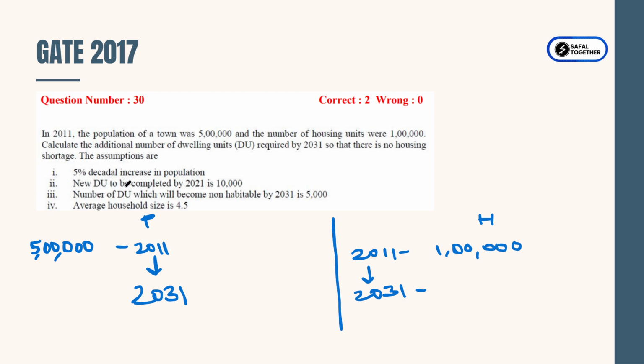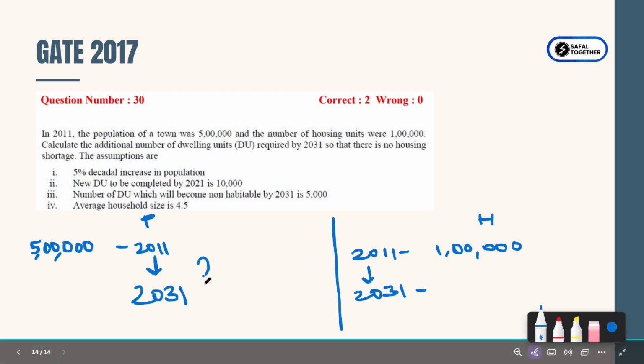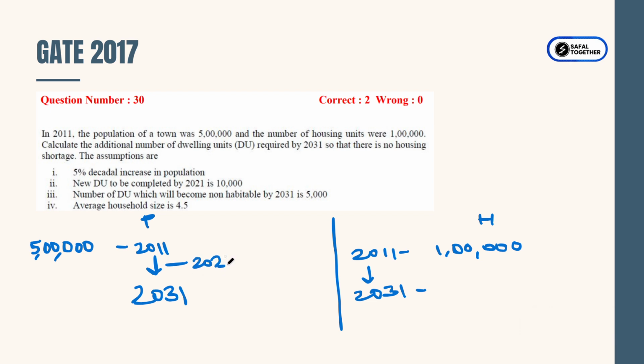So there is a 5% decadal increase in population. Decadal basically means 10 years. So from 2011 to 2031, we have 2 decades. Since it's a percentage, let's take one after another. First let's look at 2021 in between: 5% additional in the population.